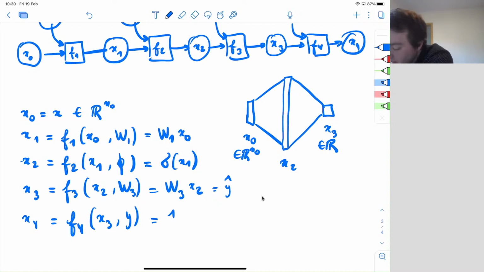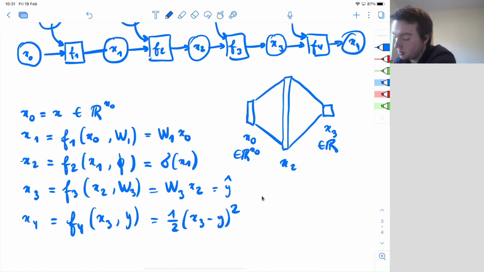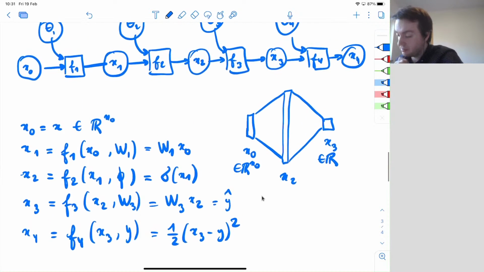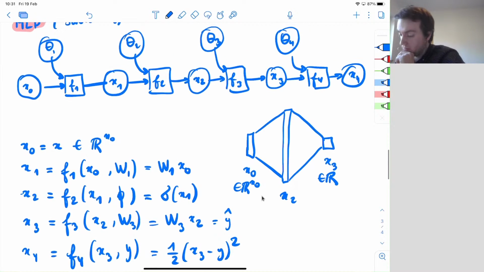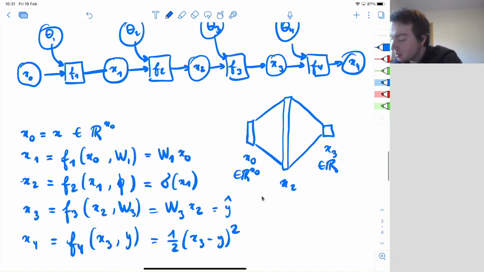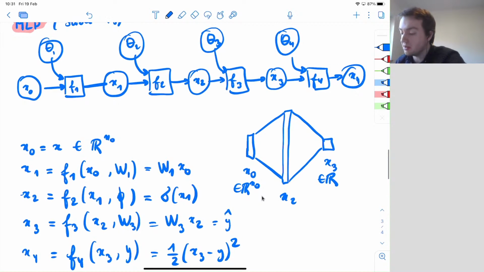For example, the loss would be x3 minus y, so the squared error. Right, so this is just a regular multi-layer perceptron, which I've just redefined using this notation, as a chain composition.